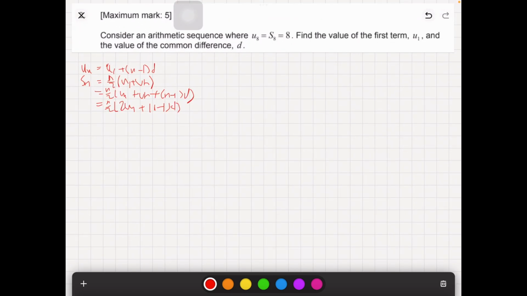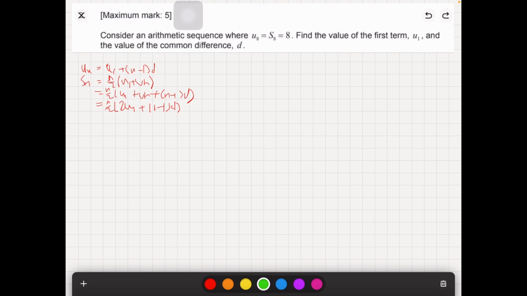So now, if we go back to the question, if we look at the equation for Un, if we subbed in n equals 8, we would basically have the value of n, right? But we wouldn't have the value of U1 or d. If we look at this equation right here, if we substitute in n equals 8 again, we would have the value of n, but we wouldn't know the value of U1 only.